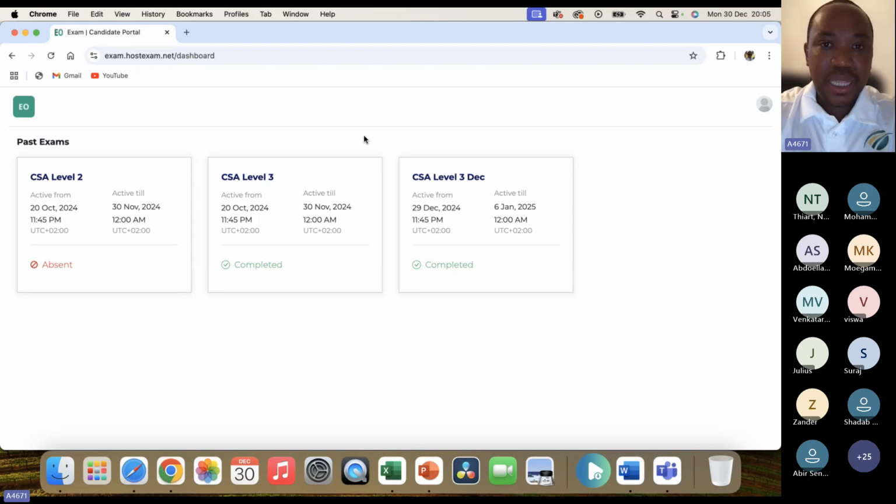And you can see that the new exam has moved from my portal under registered, or something to that effect. It has moved down to past exams and ticked as completed. Then the exam markers will go into the portal and mark the exams online.